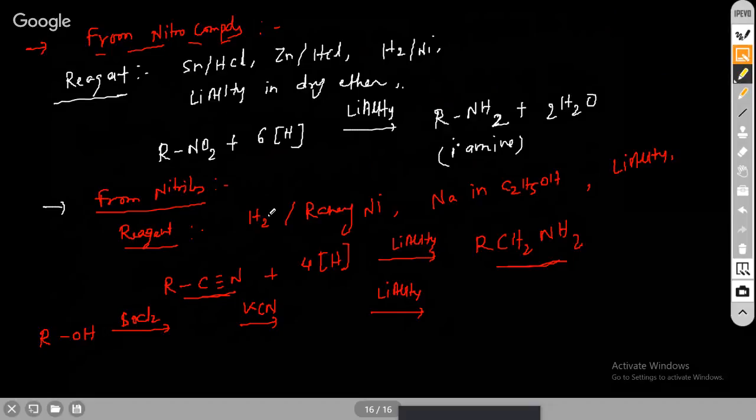If you have ROH in SOCl2, this gives you alkyl halide, RCl, correct? RCl with KCN, KCl goes out and forms nitrile, RCN. RCN reacts with LiAlH4, it forms RCH2NH2. Okay, this is the reaction we get.